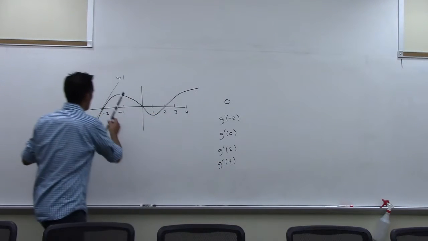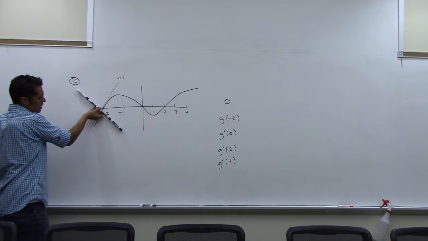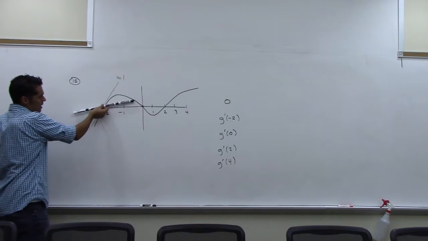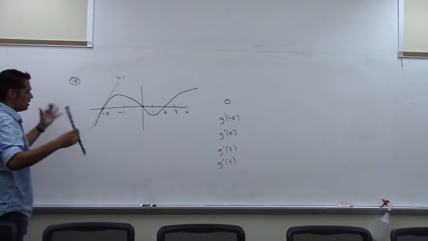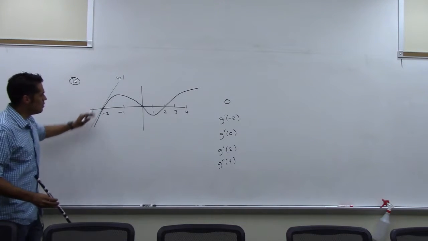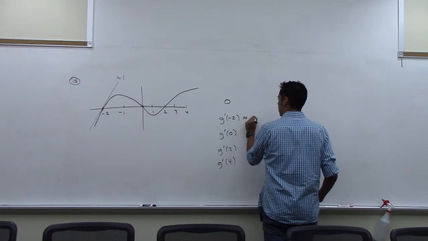Because a diagonal line has a slope of 1, a flat line has slope 0, a line like this is a negative slope. A line like this would have a steeper slope, maybe 2 or 3 or 10. Can't go vertical though, because vertical means you have an undefined slope. So I'm going to say that this slope is approximately 1. See, this is where I don't know if my drawing is going to be good enough.